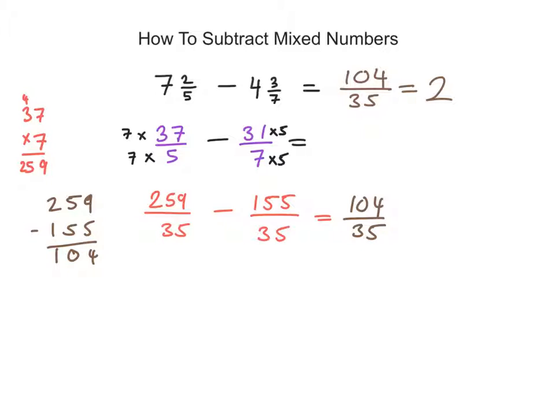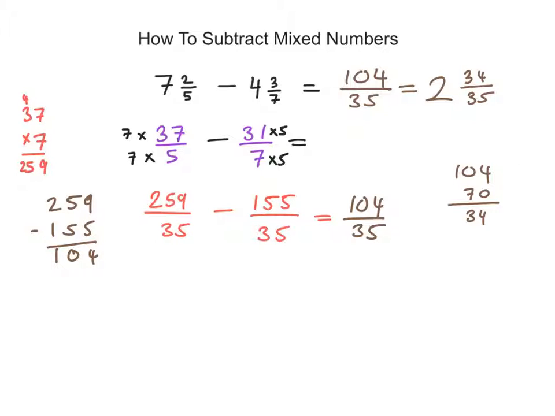And the remainder, well, 2 times 35 is 70. 104 minus 70 is just 34. So the remainder is just 34 over 35.